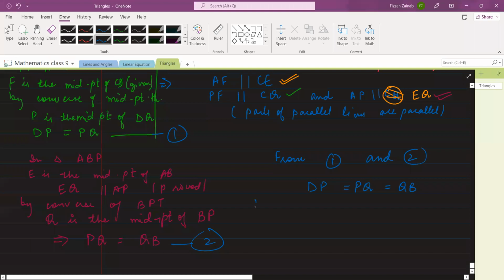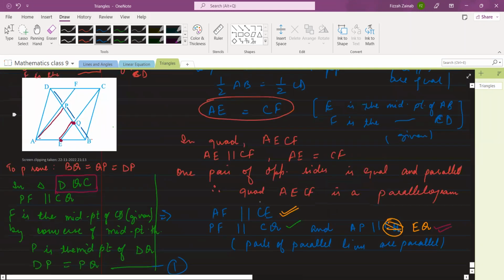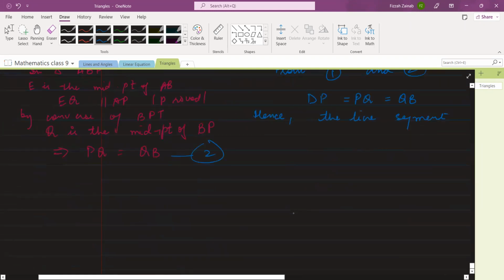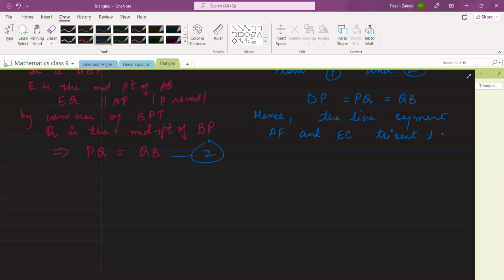So therefore we can say, hence, the 2 line segments, what were they? AF and EC. Okay, so the line segments AF and EC trisect the diagonal BD.